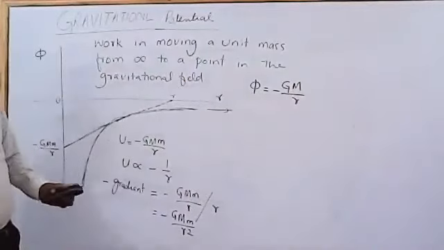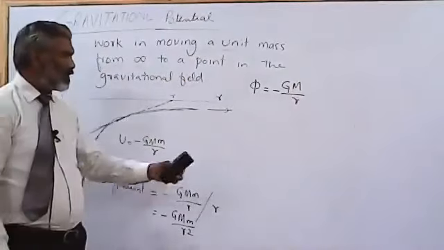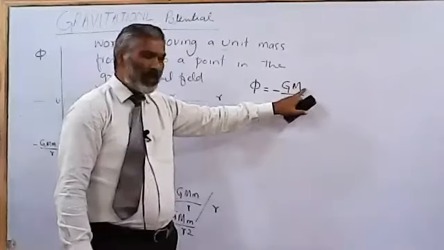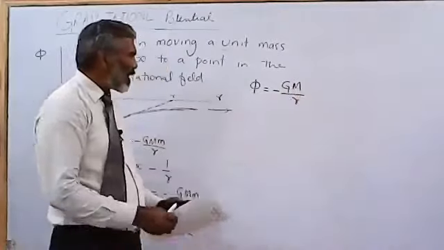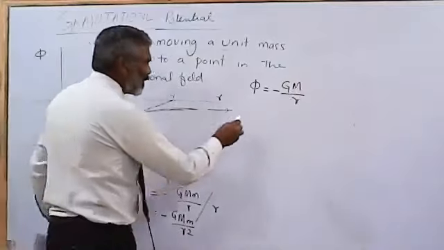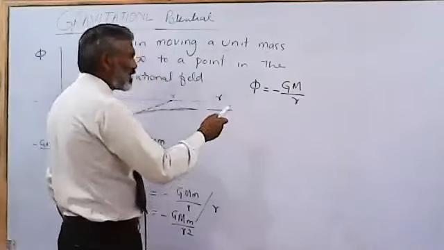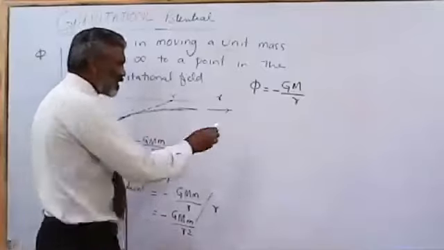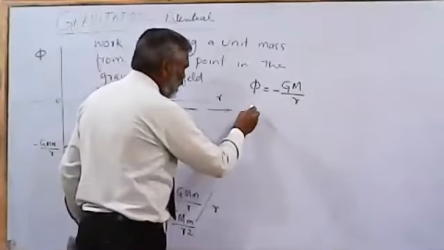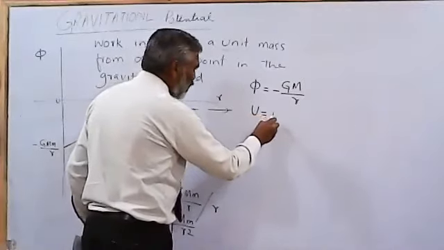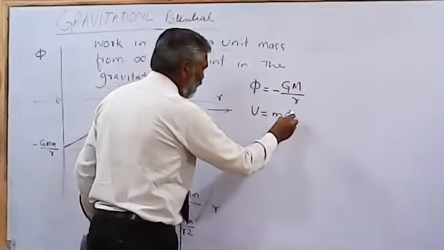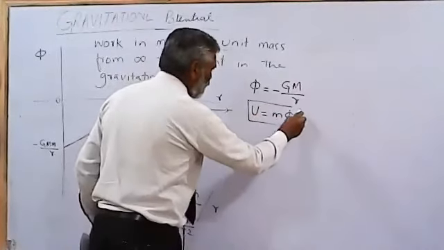Because this is defined for unit mass, there is no need to write small m in the expression, which means if I want to relate gravitational potential to gravitational potential energy, I can write U is equal to m phi. So you will remember this expression.